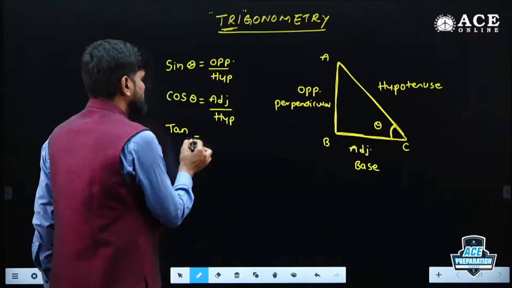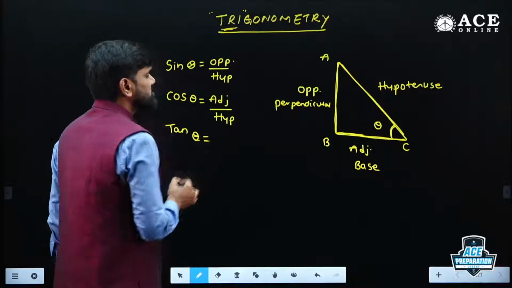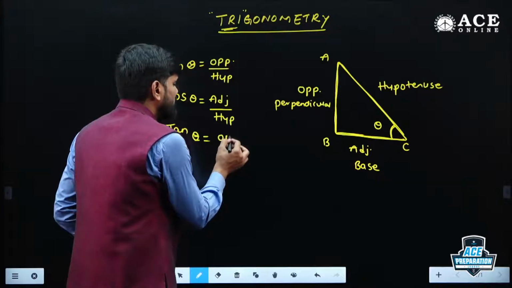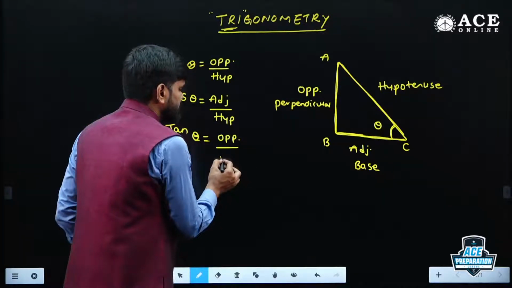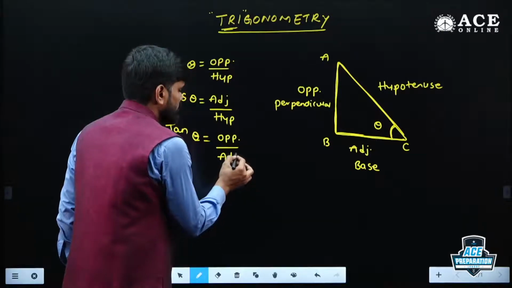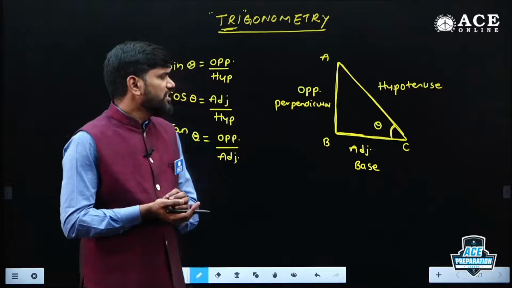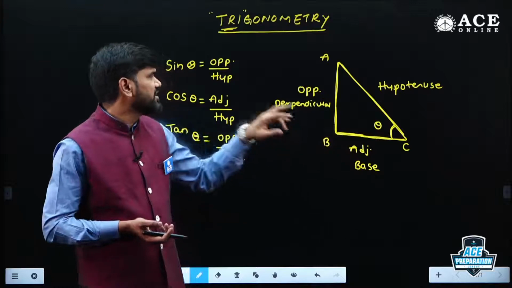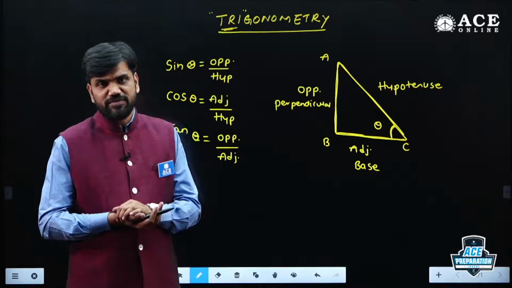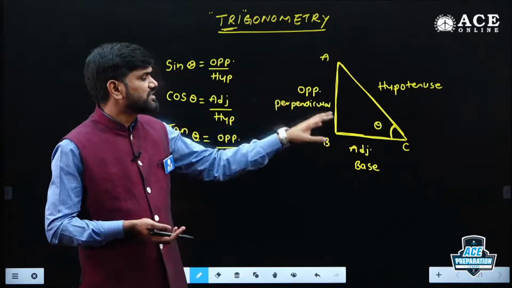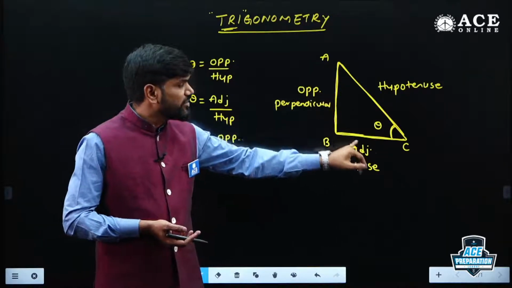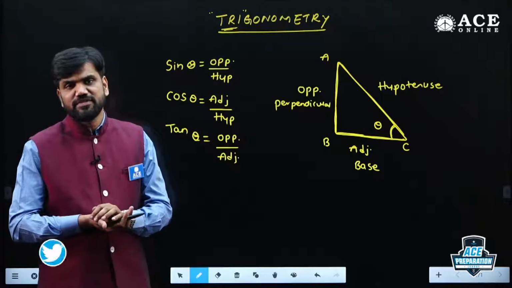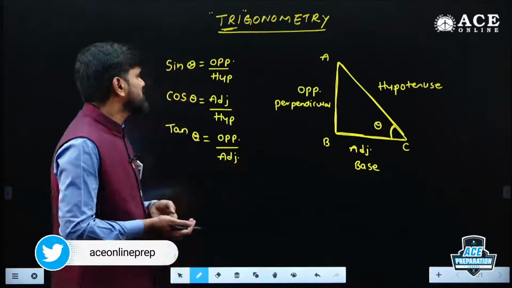Tangent, so tan of an angle is equal to opposite side by adjacent side, right? Here the size of the sides will not affect the angle. Please try to understand that. Whatever the magnitude of these sides may be, that ratio will still remain the same always.